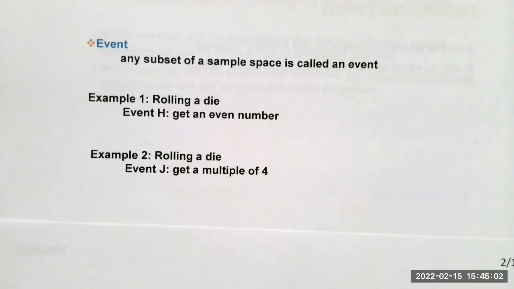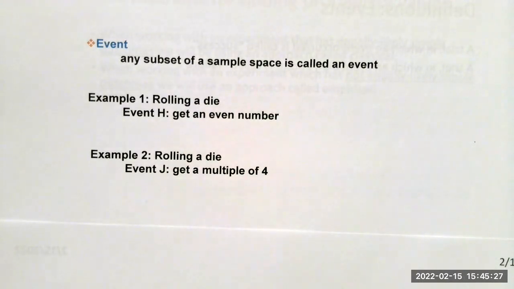Now let's talk about an event. An event is any subset of a sample space. Events are usually denoted by capital letters of the English alphabet. For example, we could call event H getting an even number when rolling a die.